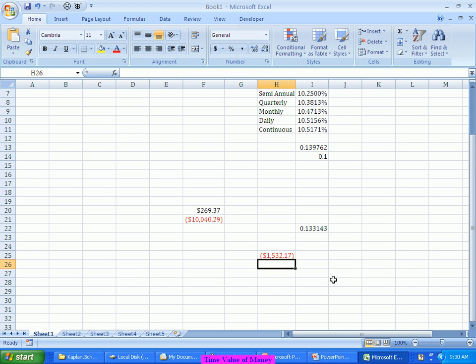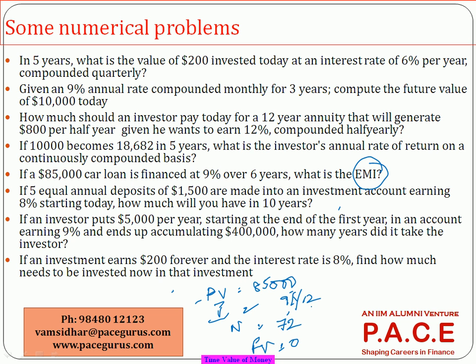I have to pay. Right? EMI is something that I have to pay, so that's where it is showing in negative. And it is saying I have to pay 1,532 every month for the next 72 months to pay off that loan. Right? So that is a typical way we have to solve.